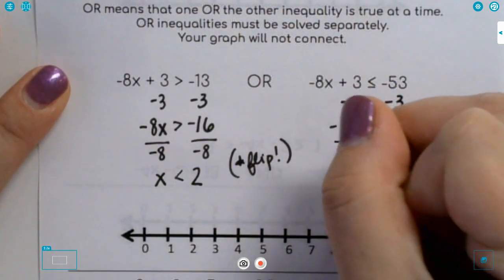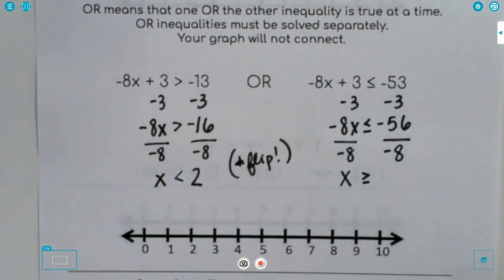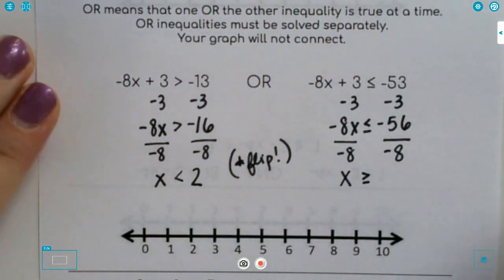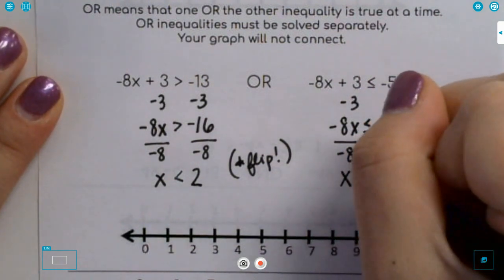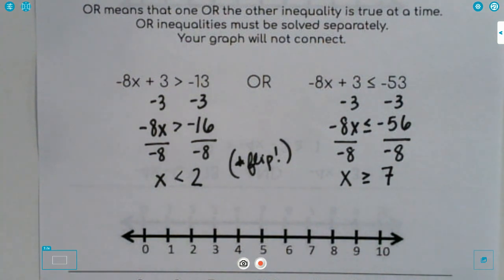So we'll now have x is greater than or equal to negative 56 divided by negative 8, which is positive 7.